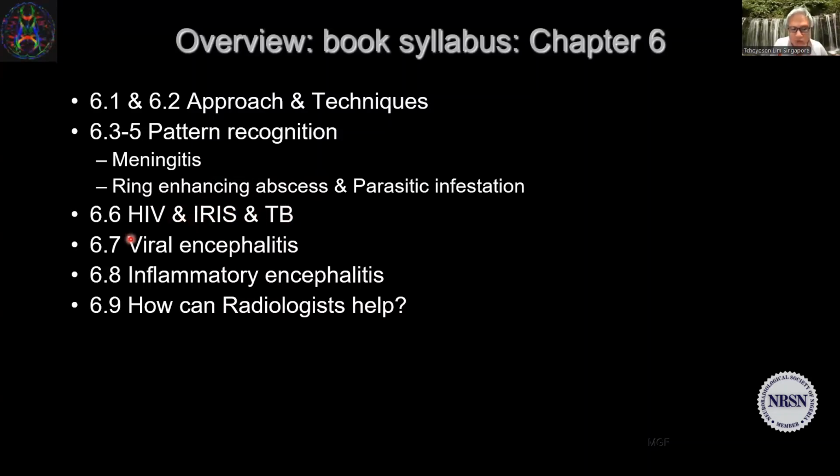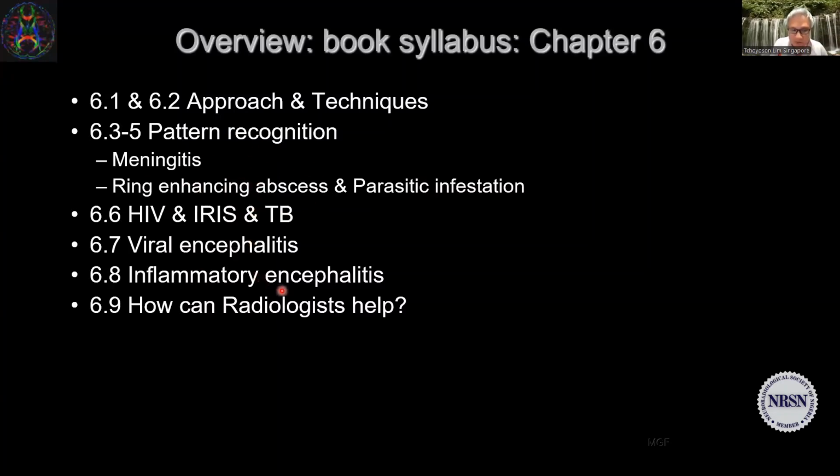Then we'll move to the viruses, because in addition to the bacterial processes of meningitis and abscess, and the parasites, and the tuberculous organisms, we need to include the viruses, which have a slightly different pattern from bacterial infection.